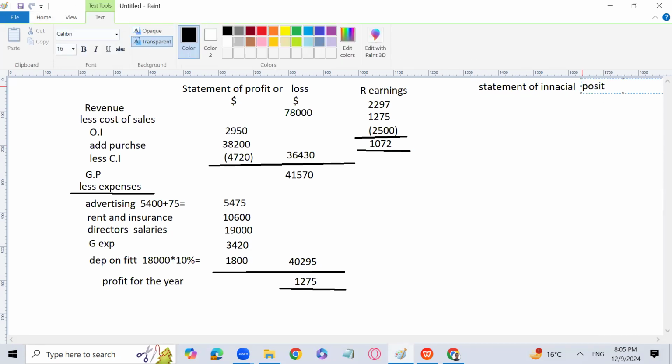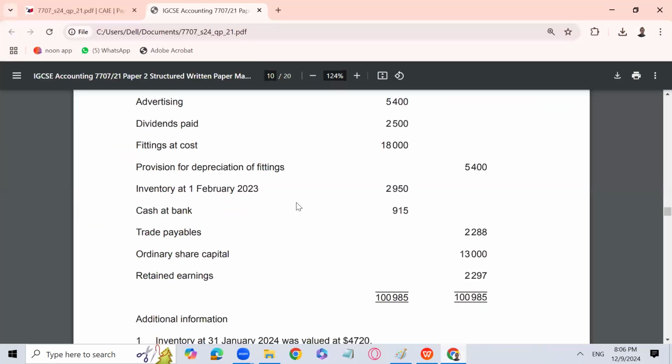Next is going to be the statement of financial position. Financial spelling is wrong, no problem, because we are least bothered about the spellings. We are supposed to prepare the balance sheet simply. So we'll start the balance sheet from non-current assets. We have only one non-current asset given in the question, that is basically fittings. Fitting at cost is given, that is 18,000, and the depreciation is 5,400.